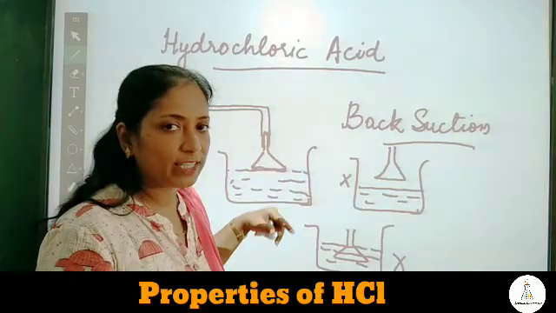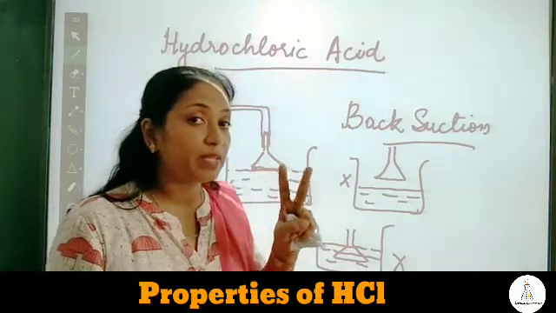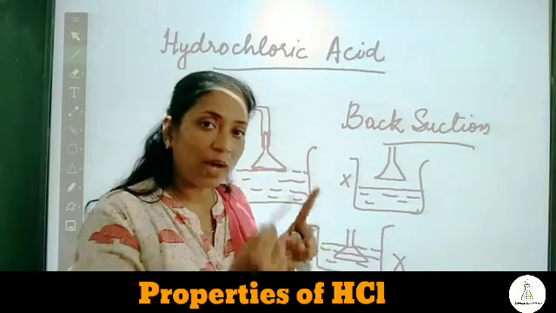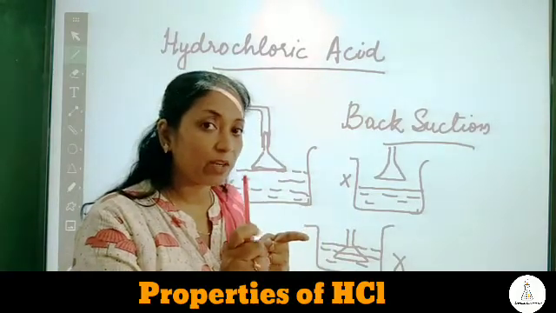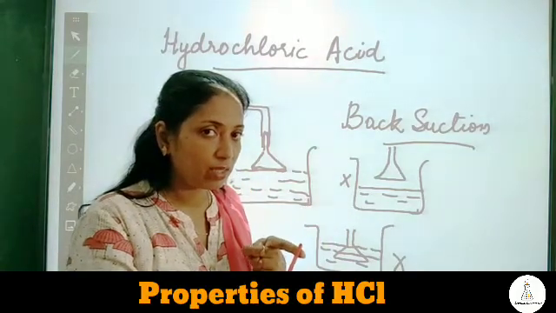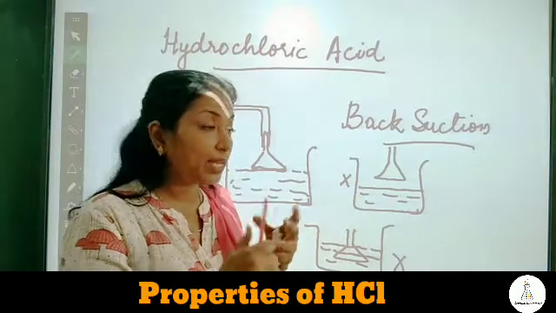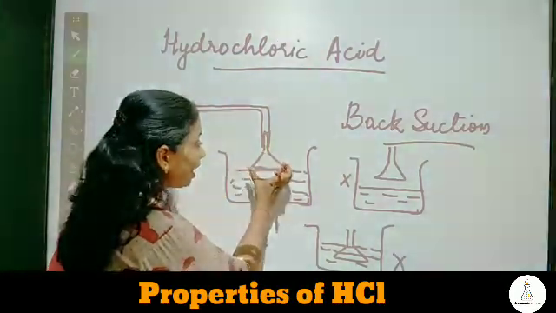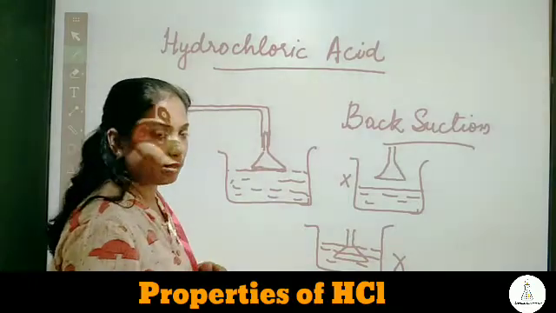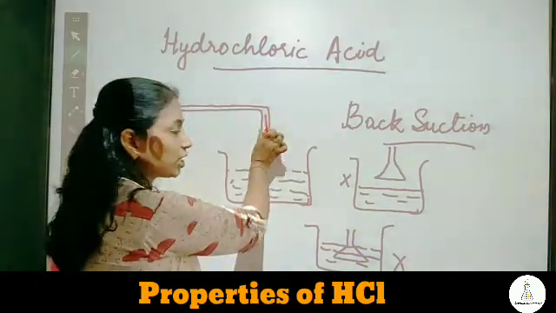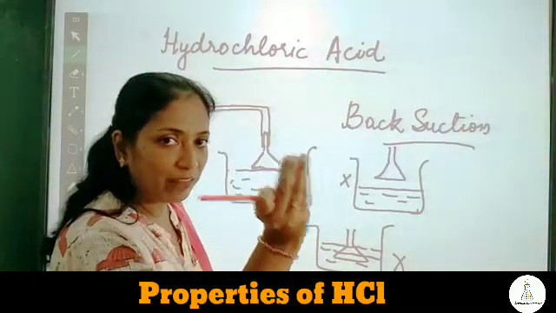Now how will this serve the purpose? It serves the purpose in two ways. One, it prevents or minimizes back suction. Second, it allows a larger area for absorption, larger than the cross section of the end of the delivery tube.